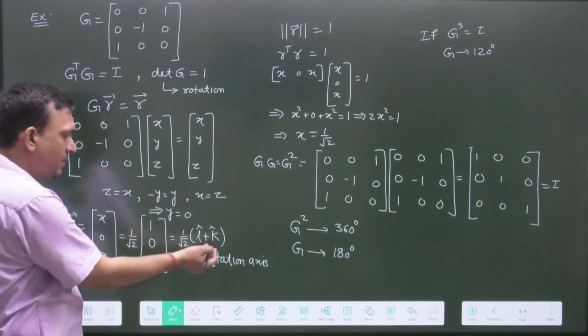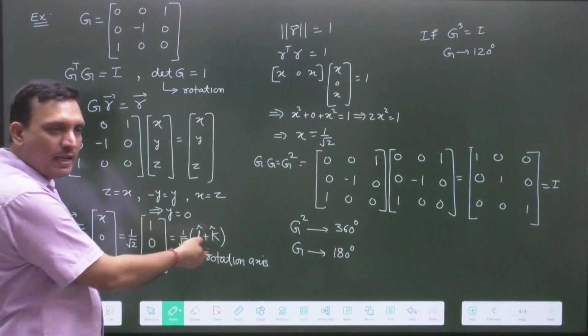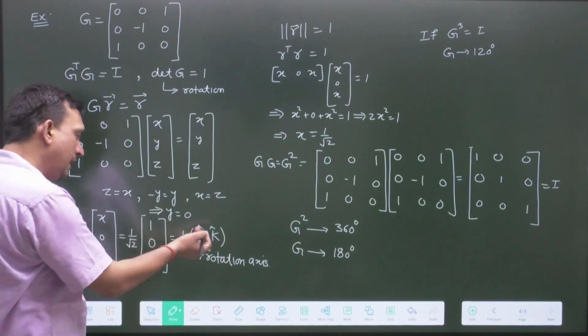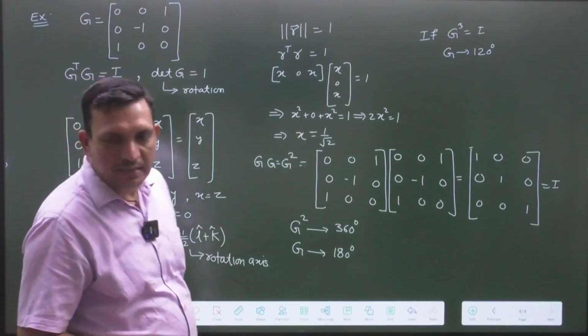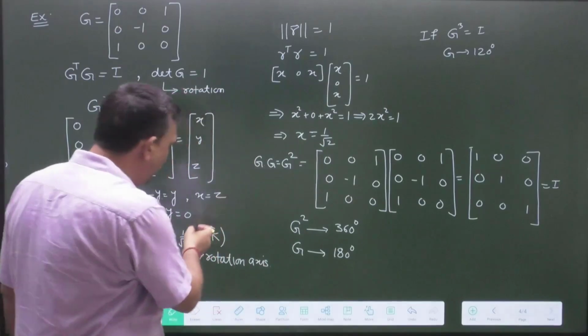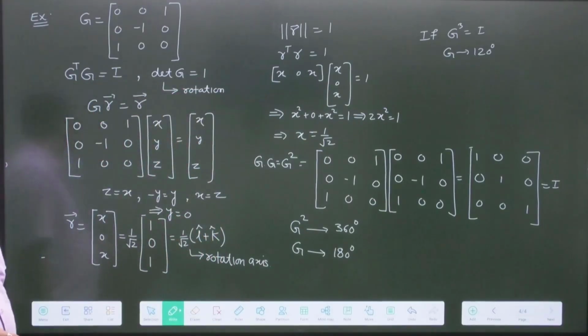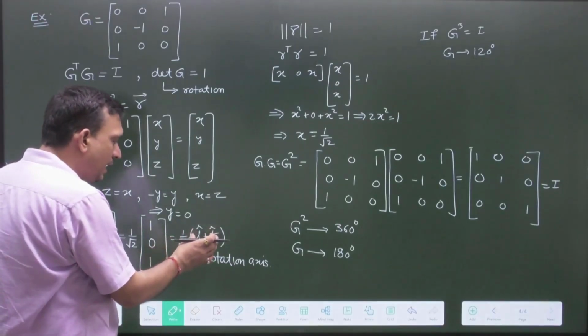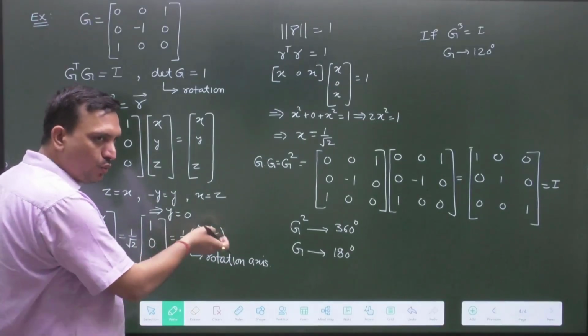Just to normalize it. It's a normalized unit vector. If you write I cap plus K cap, that is also the same direction. Direction will not change, only I am writing the unit vector. I cap plus K cap is the same direction as 1 by root 2 times I cap plus K cap.